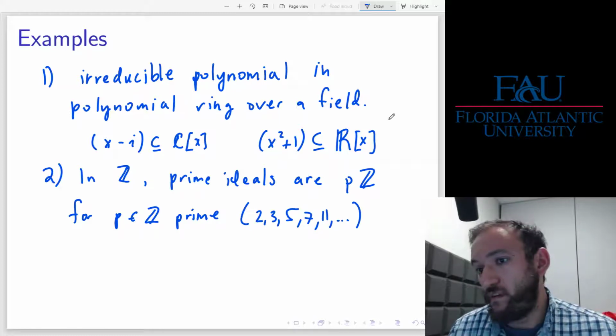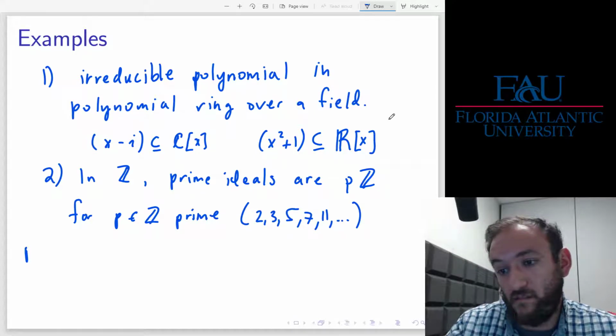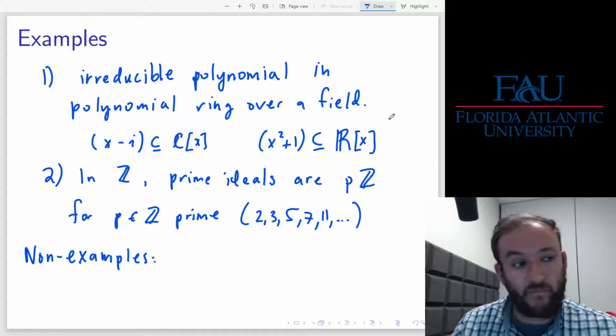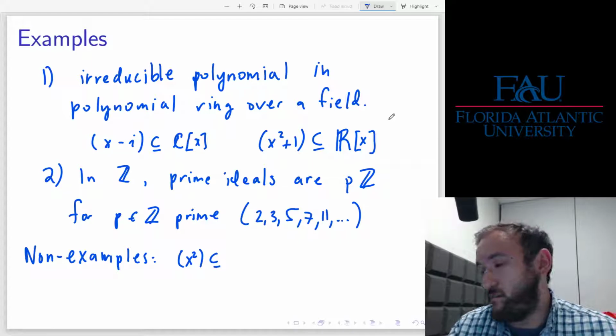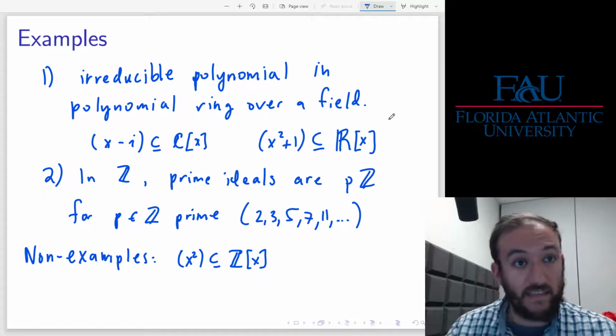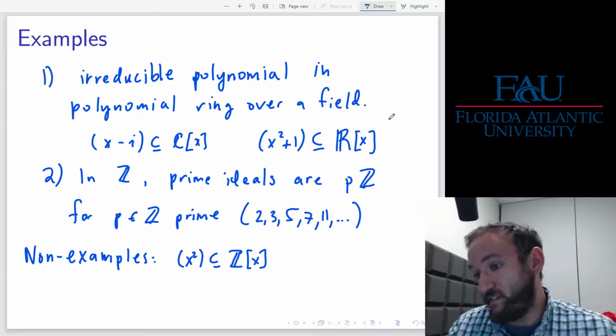So what wouldn't be a prime ideal? Well, let's look at non-examples. For instance, x squared in the polynomial ring over the integers. This is not a prime ideal because x is not in the ideal, but if you multiply x by itself, you get x squared, which is in the ideal.